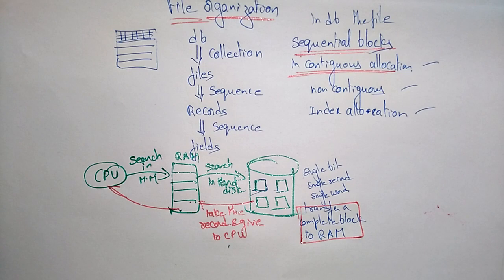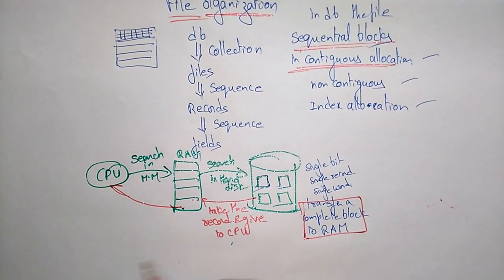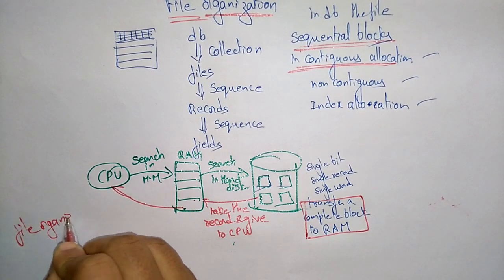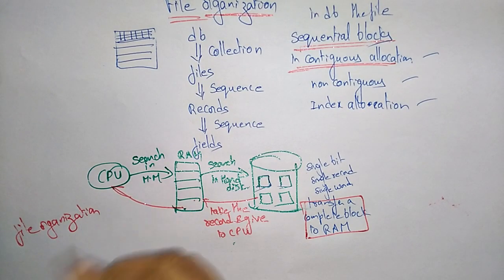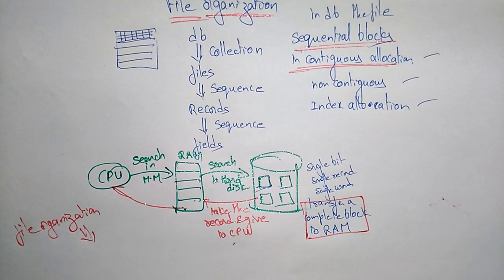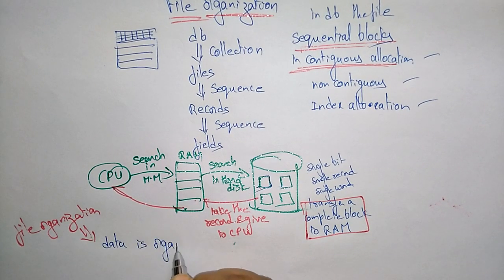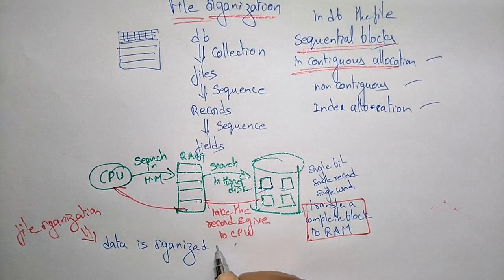Why are we looking at this? Actually, file organization is nothing but the way in which the data is organized in the hard disk.